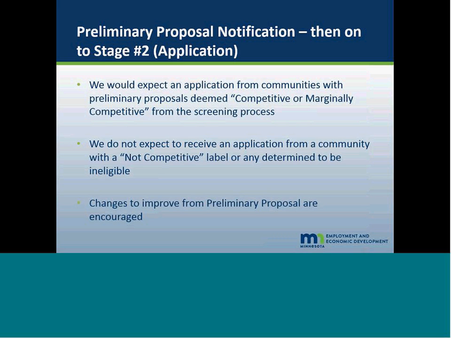So we have a notification process here earlier of those competitive or marginally competitive have been awarded. They've met the first stage in our screening process, and then those to on, and we would expect them to submit application.